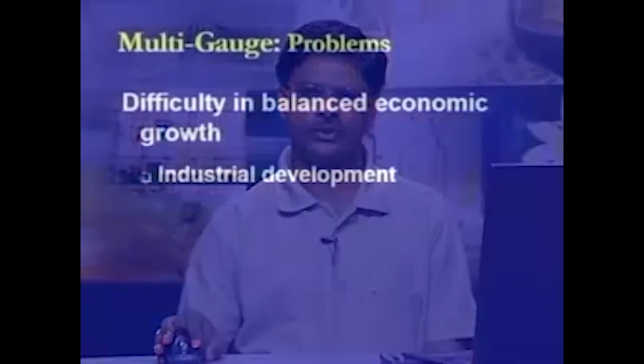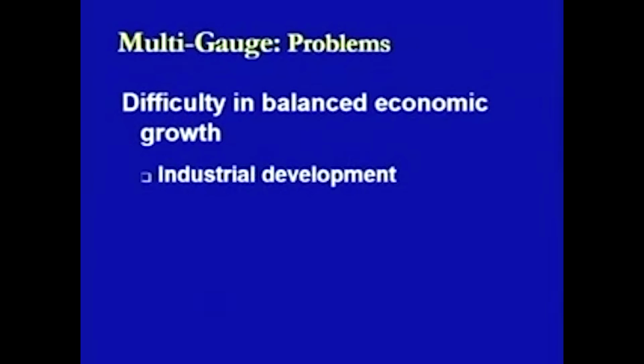Like if there is an industrial development, a heavy industry which is to be placed in any area, then it will require a broad gauge. But if the heavy industry is not there, then probably we can go for another gauge. But in that sense, there will be a multi-gauge problem, that you cannot transfer one thing from one point to the other point, and the efficiency involved with the industrial processes will also be lost.